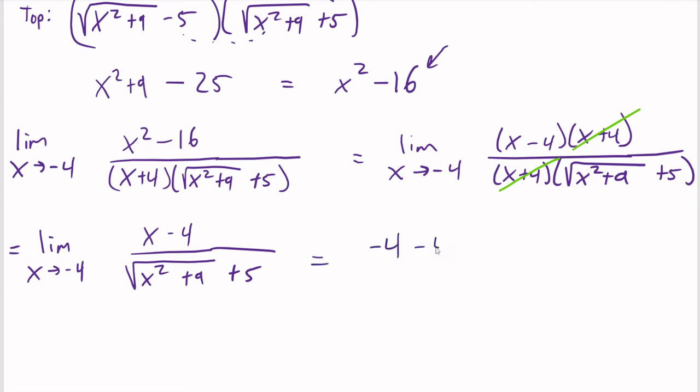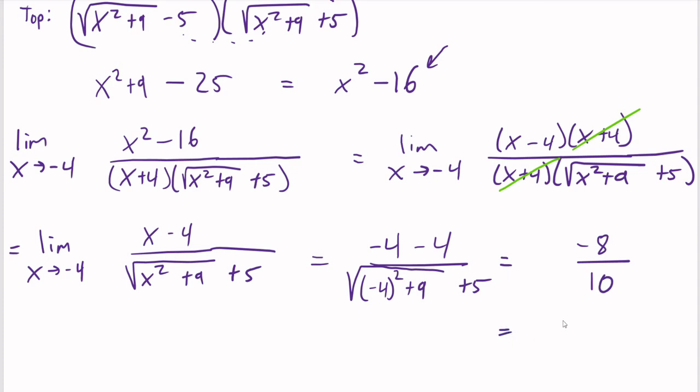Negative 4 minus 4 over the square root of negative 4 squared plus 9, plus 5. Okay, so that's negative 8 over 16 plus 9 is 25. Root 25 is 5. Plus 5 is 10. Okay, that gives me, take a 2 out of this, negative 4/5. Boom. We have got the limit.